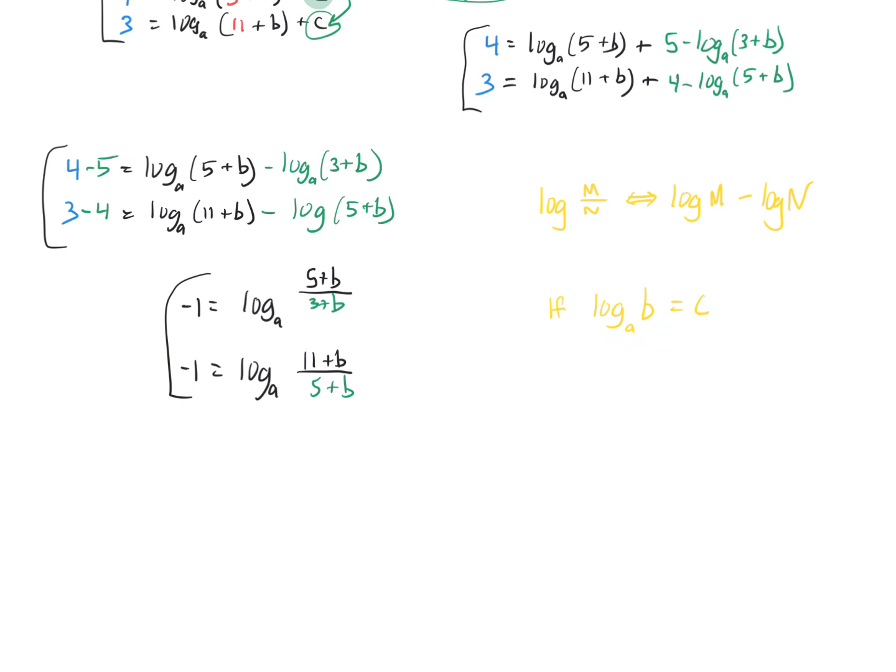And if the logarithm is the exponent, then c is the exponent on base a that yields the value b. So we're going to change from log form to exponential form on the right sides of the equations. Remember, the logarithms are equal to the exponents, so these will be exponents on base a.